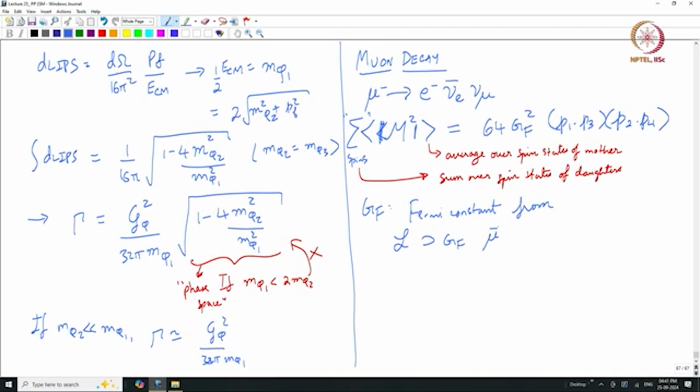It's a contact interaction that Fermi had famously written down to account for beta decay, plus the Hermitian conjugate. But now we know the modern interpretation of this G_F. That's nothing but 1 over v squared, where v is the Higgs vev, which is 246 GeV.